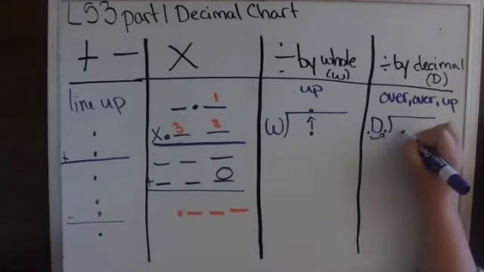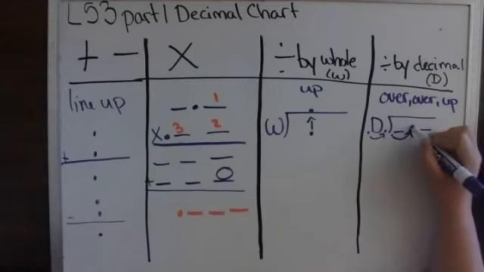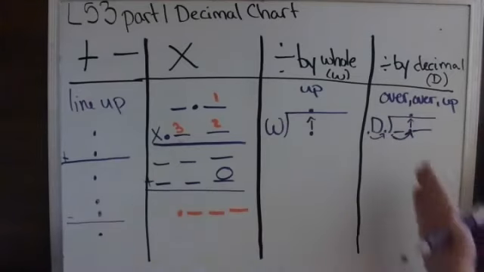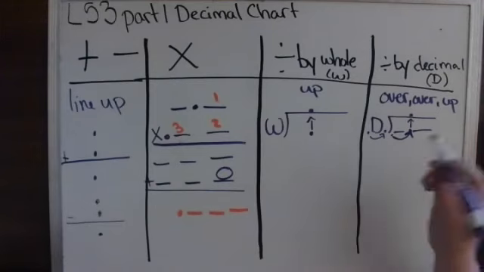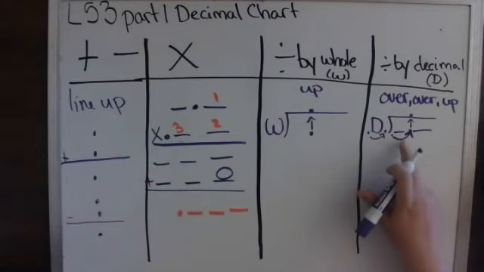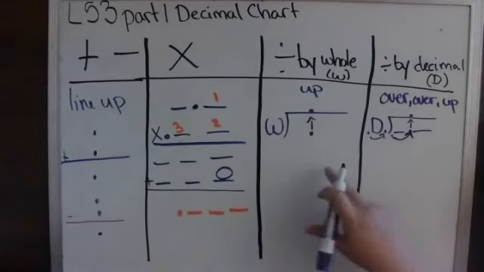And if I did that there, I have to do the same thing here. My decimal is now there, and then I would move it up. So this is over, up. However many times you need to move your decimal here to make this a whole number, you have to do the same thing to this side, and then you move it straight up, just like you did over here.